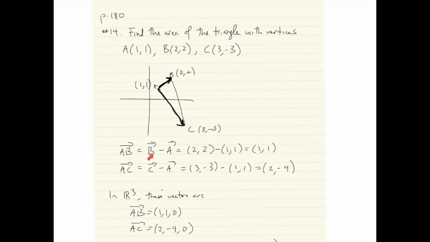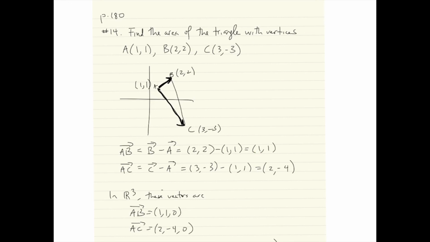Anyway, so B minus A is vector subtraction. Vector B is 2, 2, A is 1, 1. So we have AB is 1, 1. You can kind of see that geometrically. If we start at A and go over 1 unit and up 1 unit, then we're at the point B. So that's why vector AB is 1, 1.